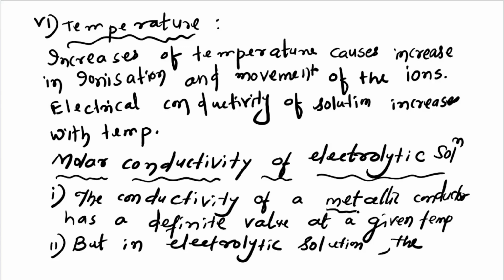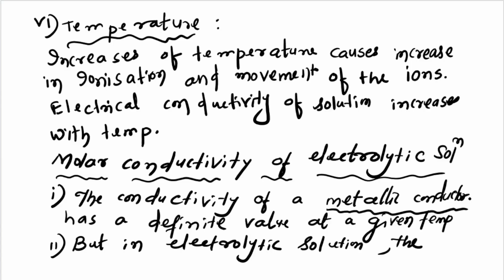A metallic conductor has a definite value at a given temperature. It is already calculated and proved, and you should remember the values for silver, aluminum, copper, like this.